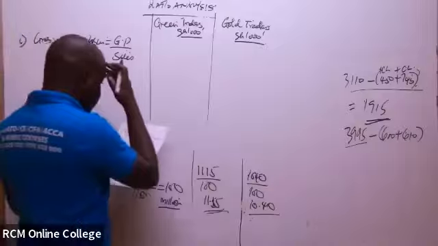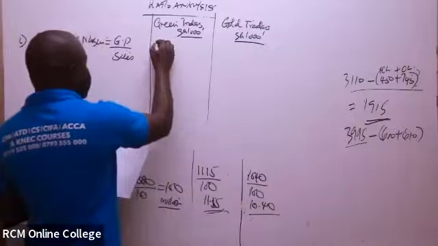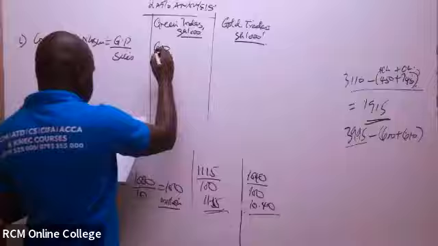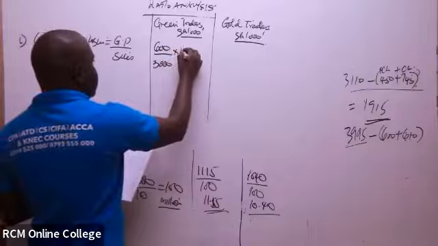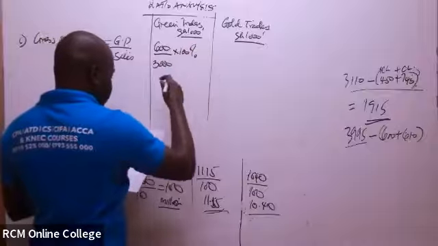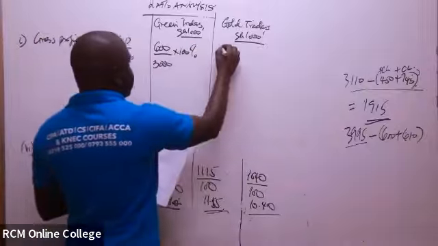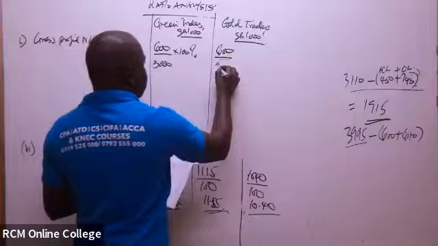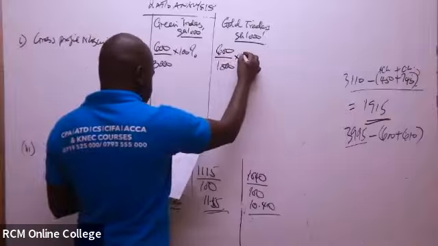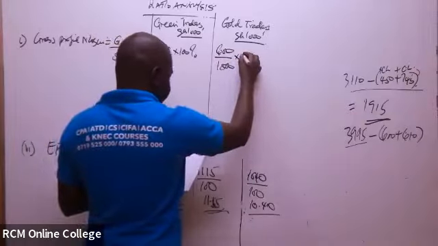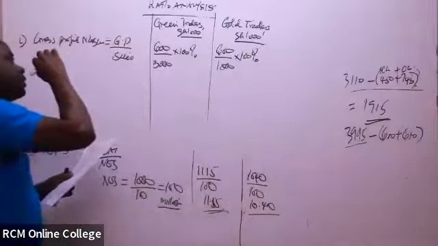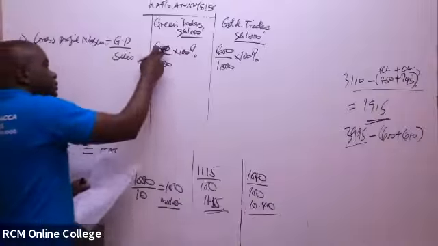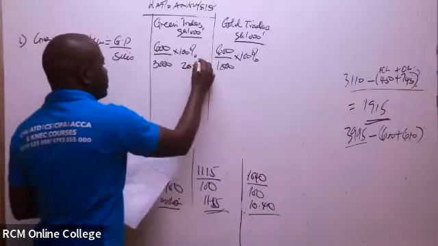So for this first company, it is 600 over 3 million multiplied by 100%. For the second company, it is 600 over 1800 multiplied by 100%. So this is a fifth, 20%.